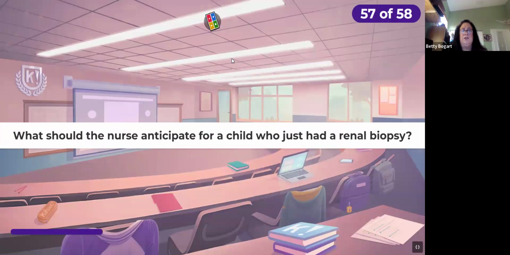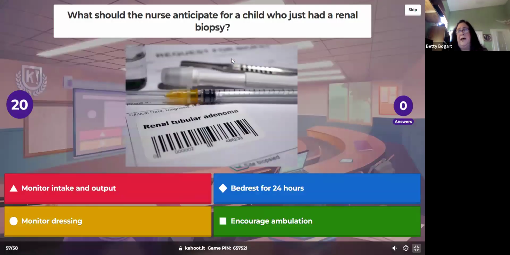Multi. What should the nurse anticipate for a child who just had a renal biopsy? So we stuck a needle inside the kidney to look for urine or a piece of tissue or whatever. Nursing care afterwards.